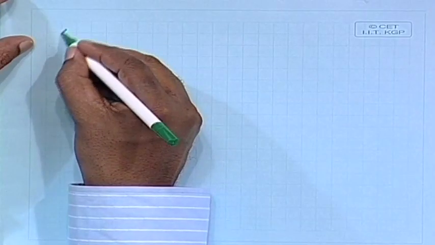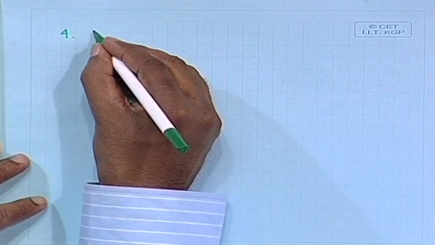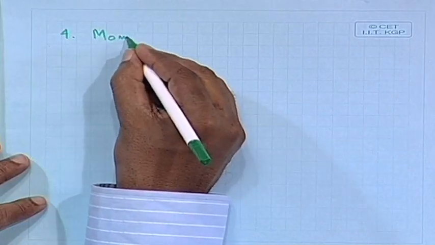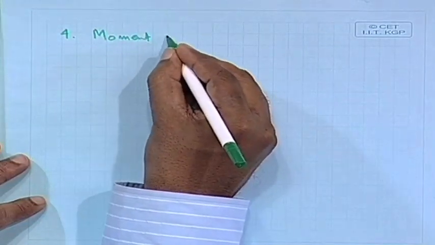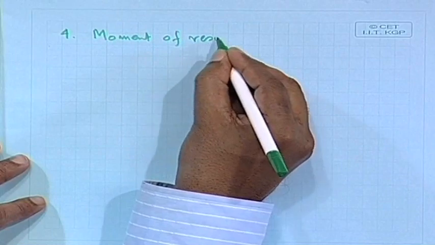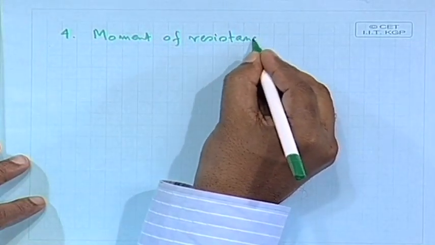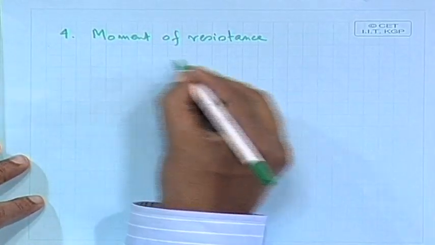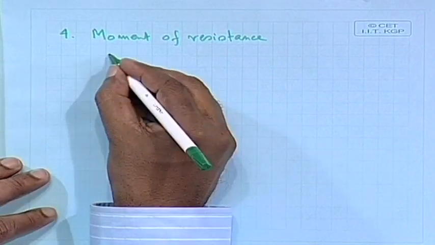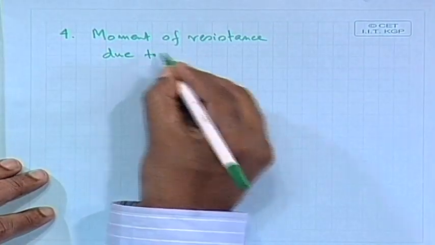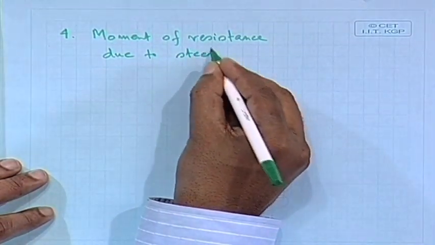Number 4, similarly we can get moment of resistance due to steel yielding.